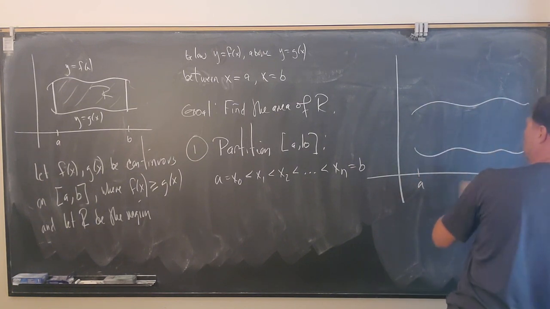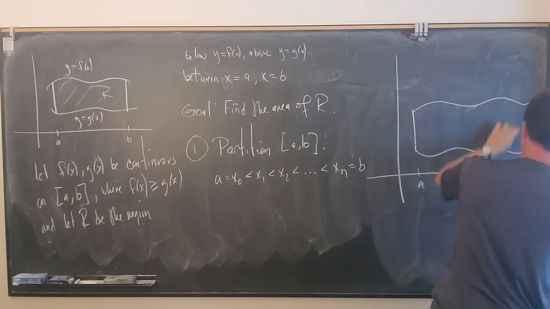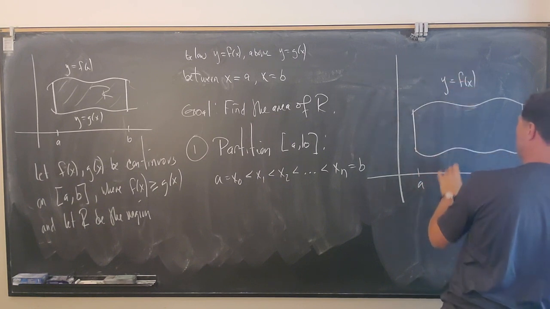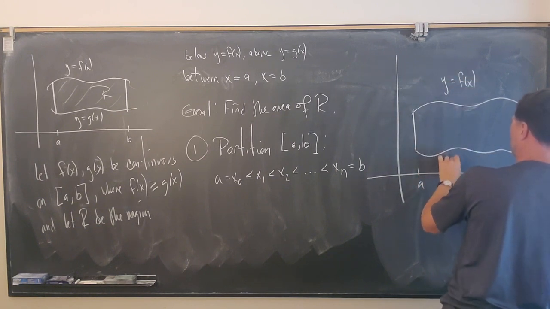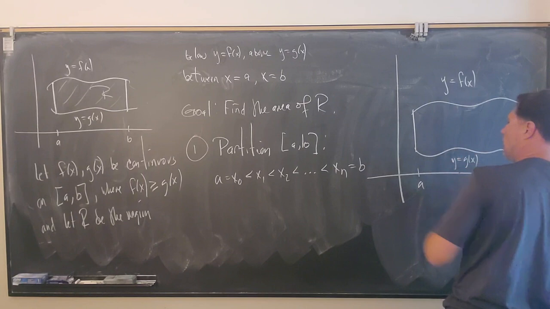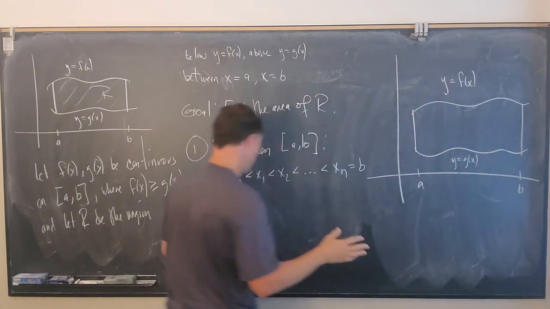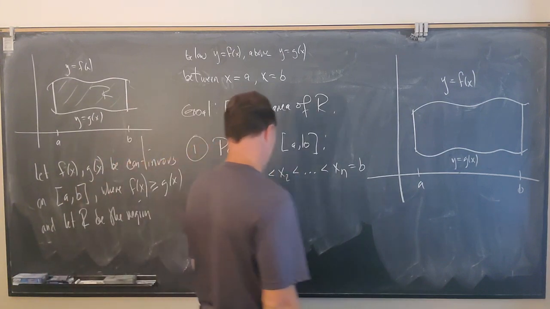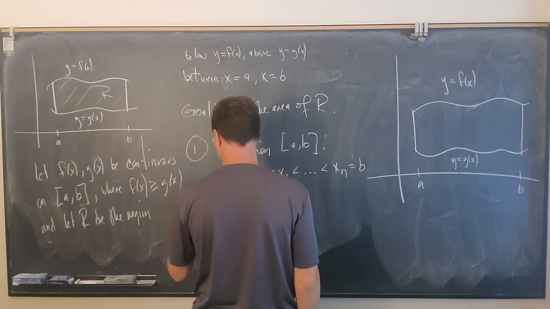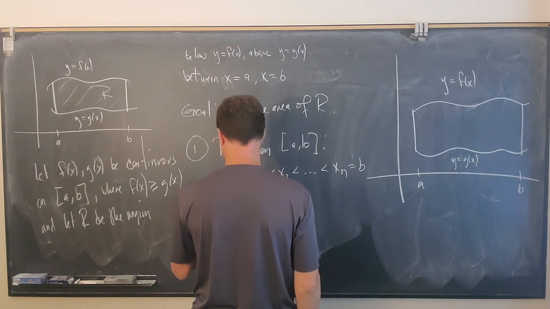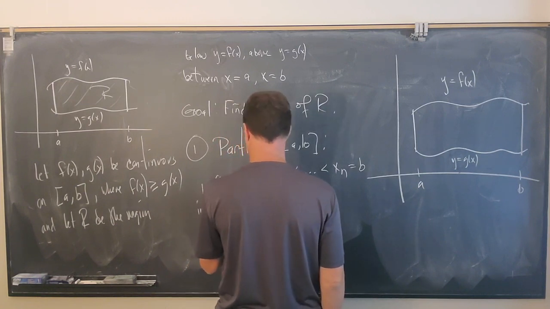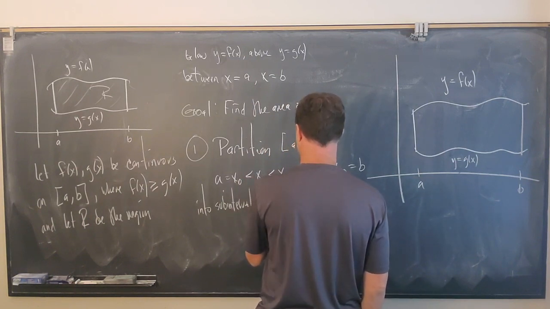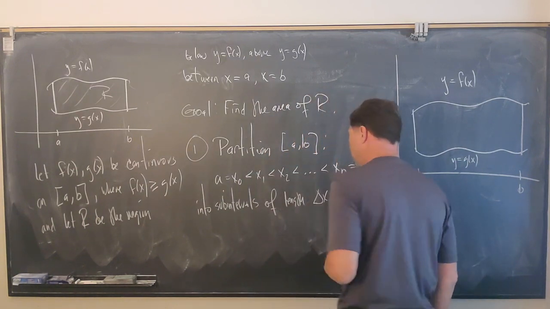Same picture, I'm just drawing it a little bit bigger. So step one, what we're doing is chopping our interval up into a bunch of pieces. Let me finish my sentence: partition this into subintervals of length, call it delta x.